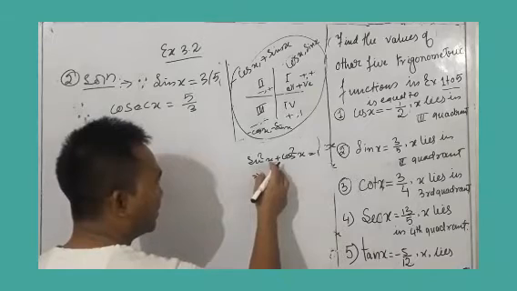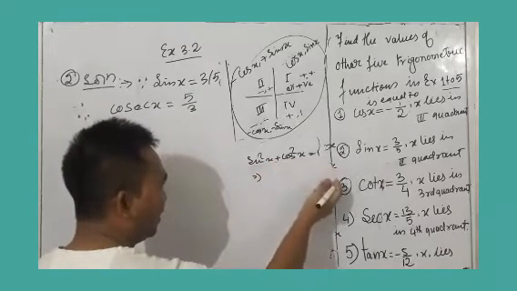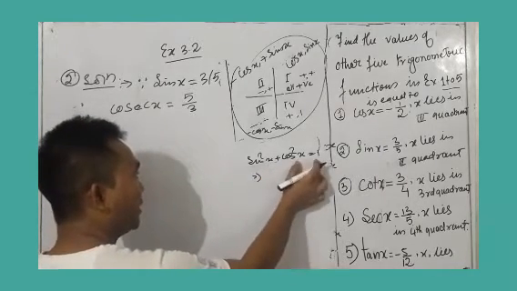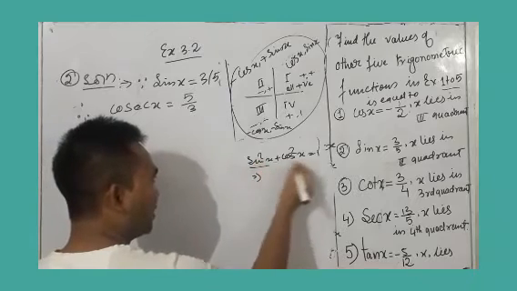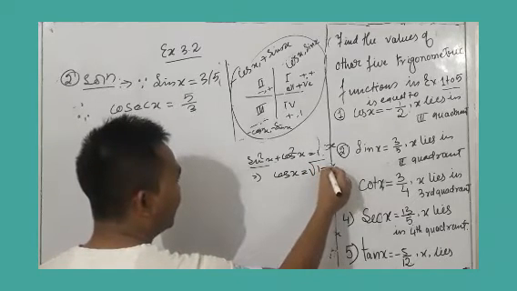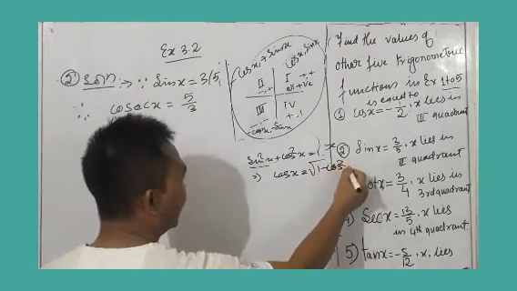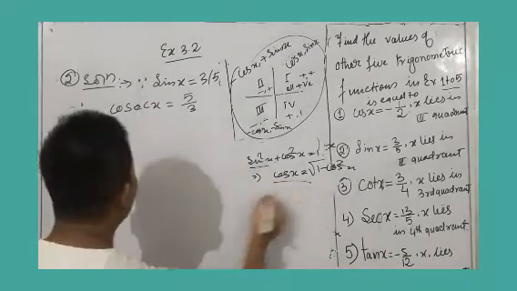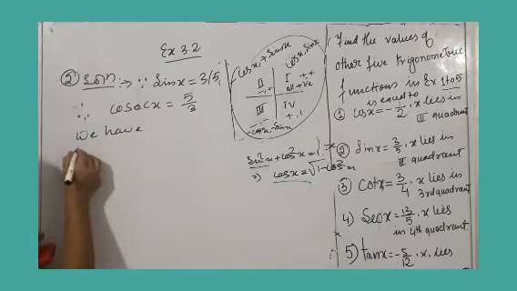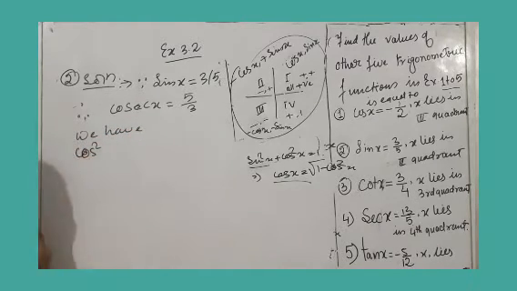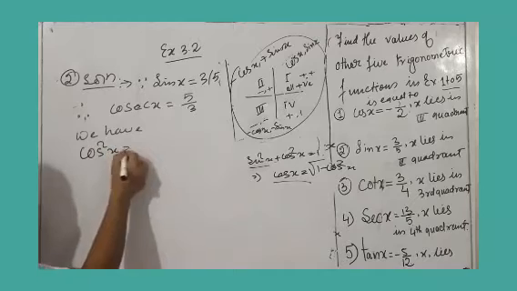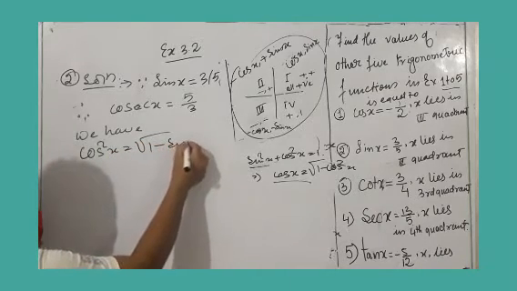From this we can build up the relation. If you want to find sin x, then sin x equals under root of 1 minus cos square x. And if you want to find cos x, you just transpose this part, and cos x equals under root of 1 minus sin square x.